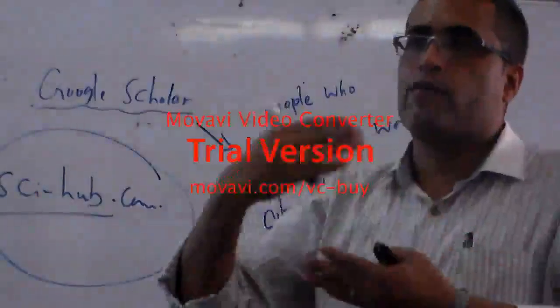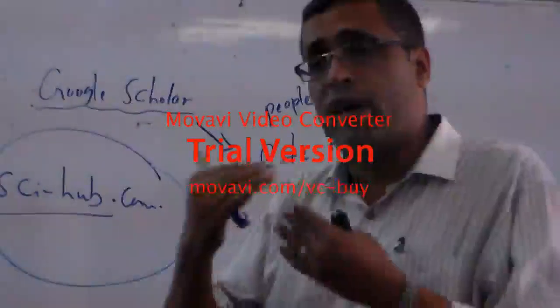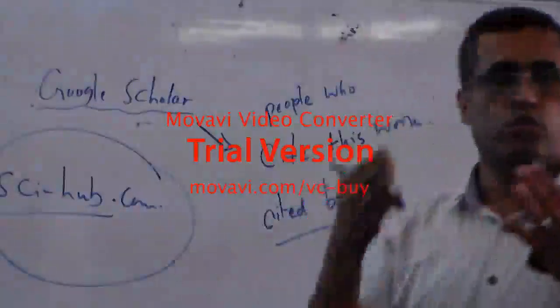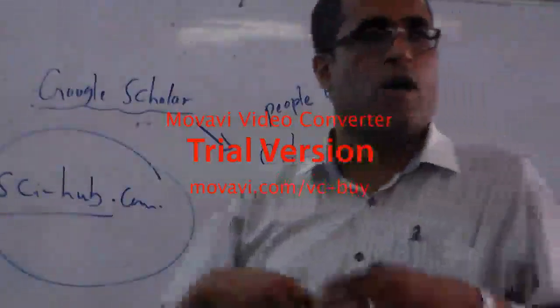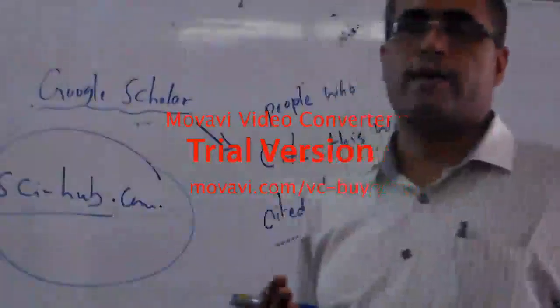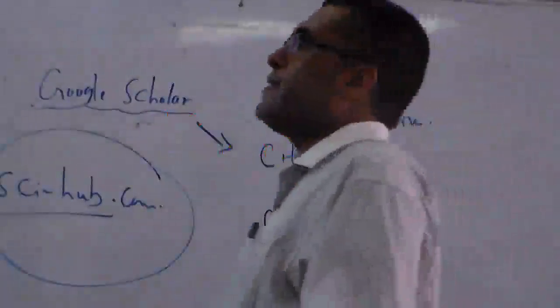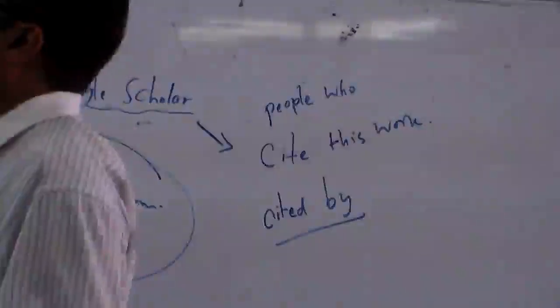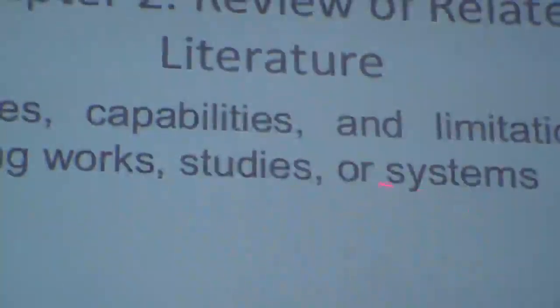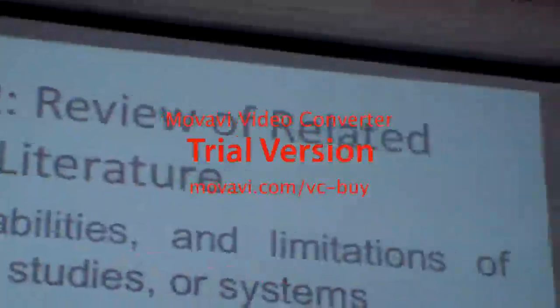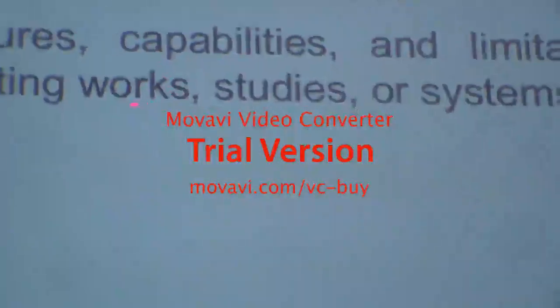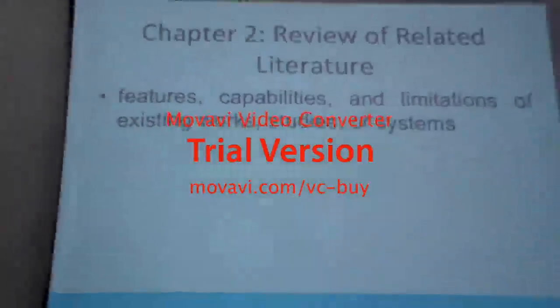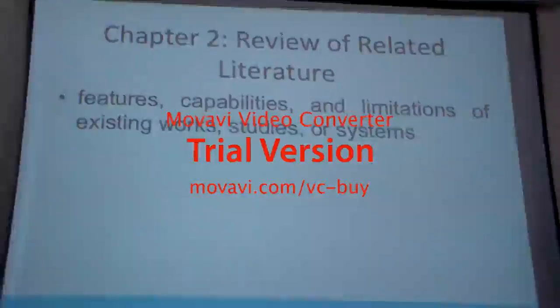Then you can learn and understand step by step how to criticize, how to say what the limitations or disadvantages are of existing works, existing studies, or existing systems. If you are developing a system, then you will study existing systems. Sometimes they call it existing works or existing studies.